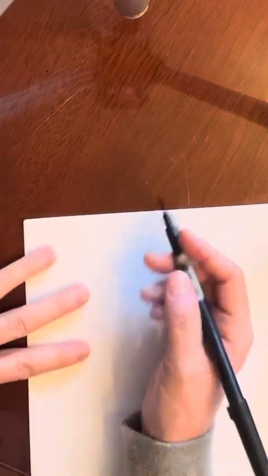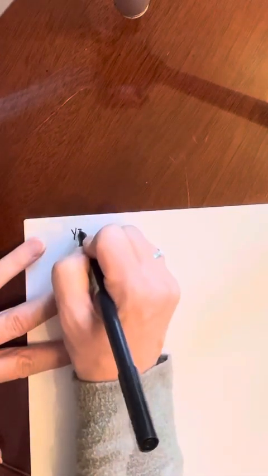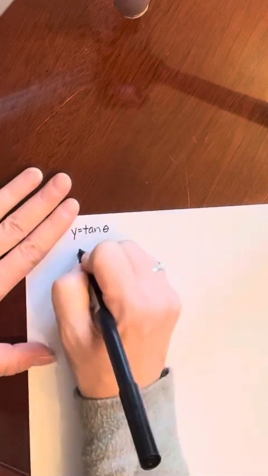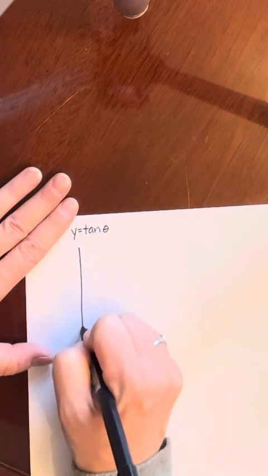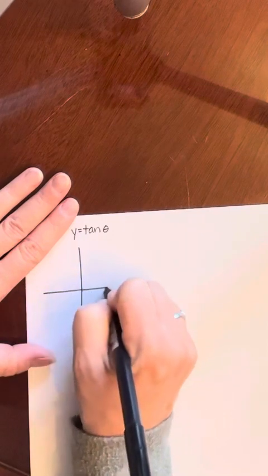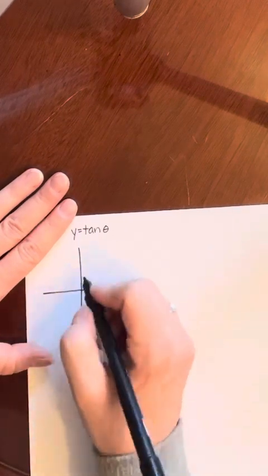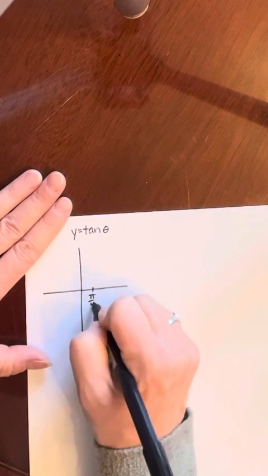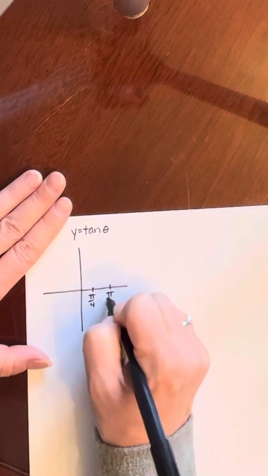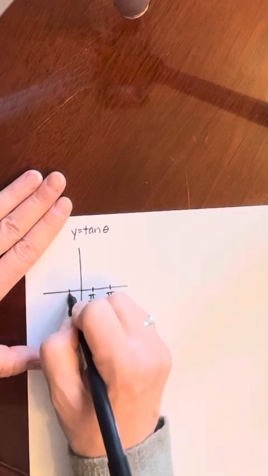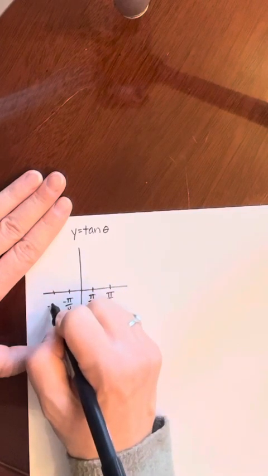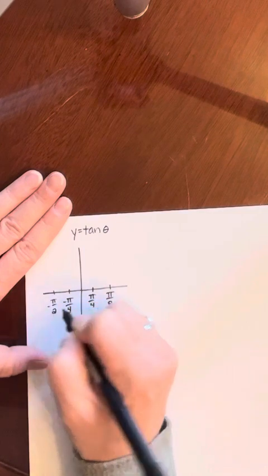Okay, here we go. Let's look at tangent. So y equals tangent theta. And this is one that we did with our licorice or Twizzlers. And I'm going to do this one pretty quick. So tangent, we had pi over 4, pi over 2. And then we looked at this side, negative pi over 4, negative pi over 2.